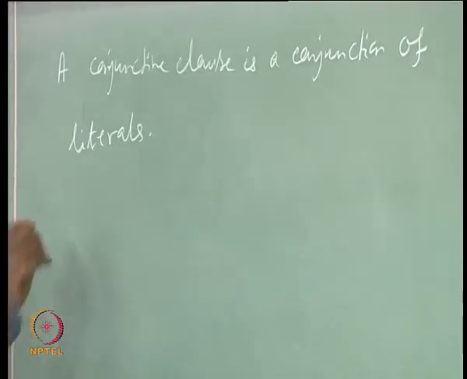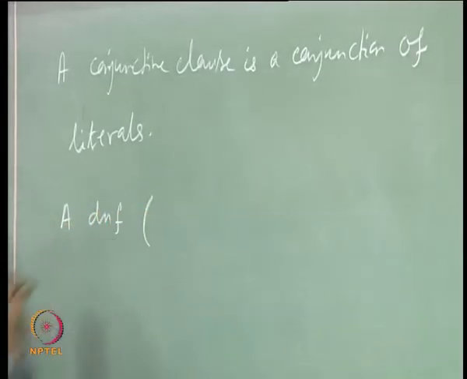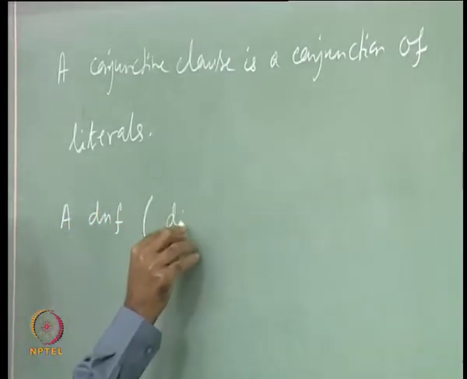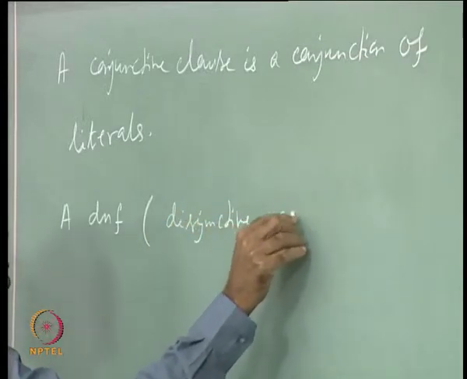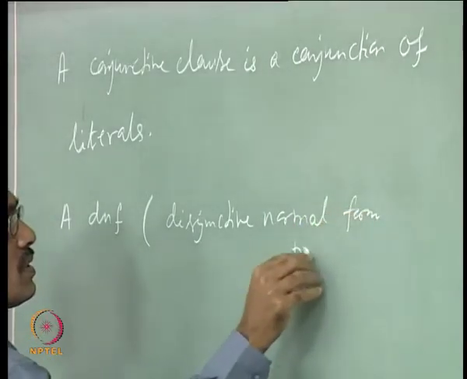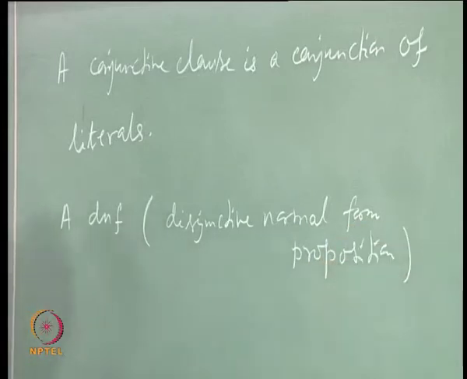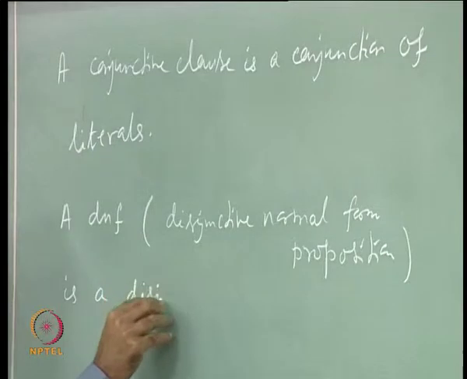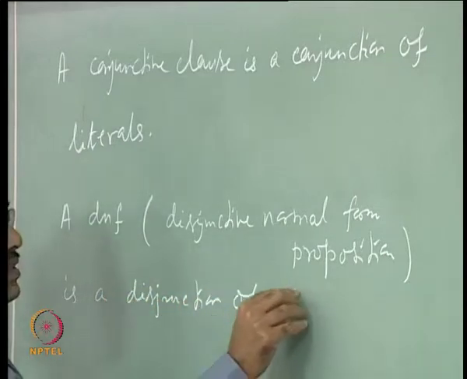Okay. So, next we define a DNF, which can be read as disjunctive normal form proposition, is a disjunction of conjunctive clauses.